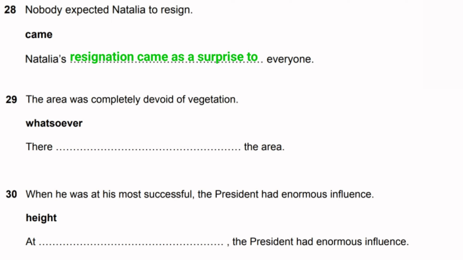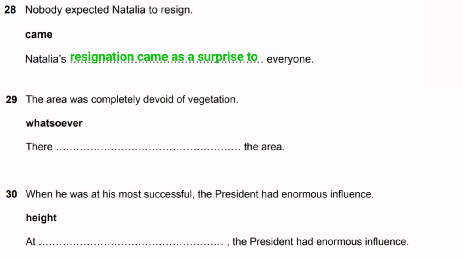Don't think there are really many other options there. That's an expression that either you know it or you don't really. Something comes as a surprise. It is unexpected. It is surprising. It comes as a surprise.